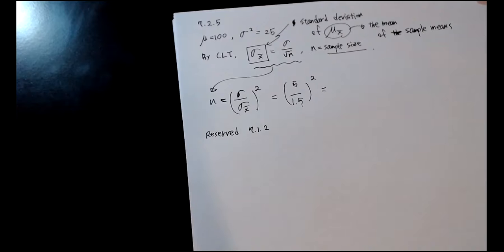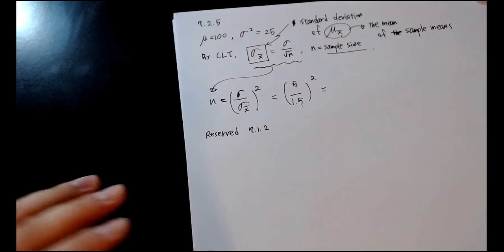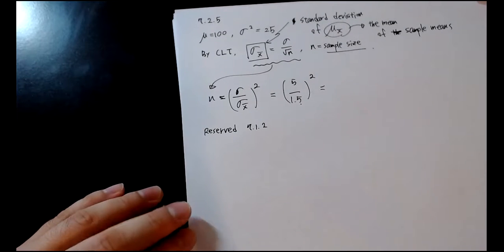So the problem says that the distribution of service time is fairly close to normal distribution. So it means that the two samples are also close to normal distribution, we can say that.